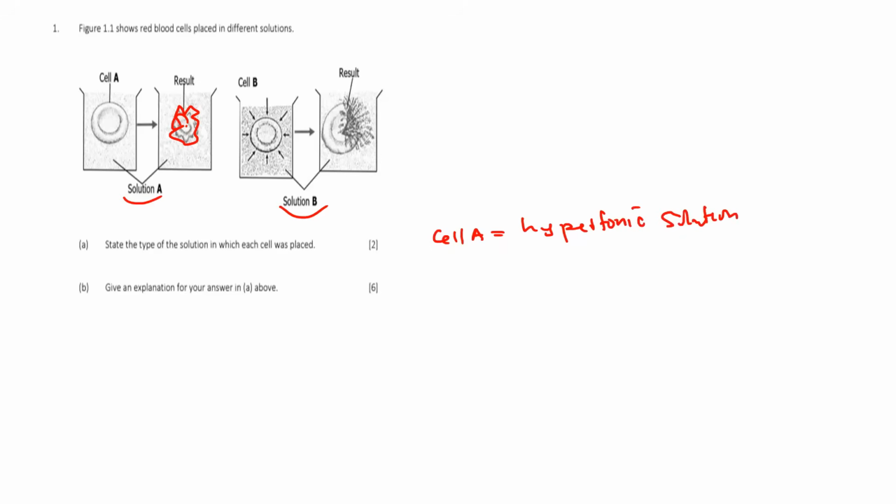Then of course, cell B was put in a hypotonic solution. The cell gained water and hence resulted in what you call cell lysis. That can only happen when it gains a lot of water.